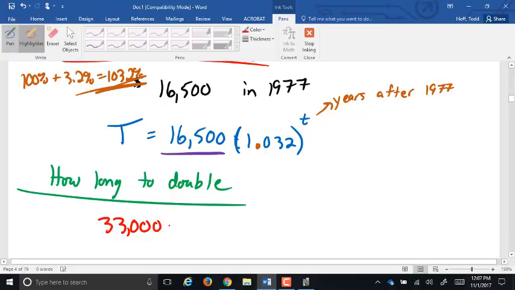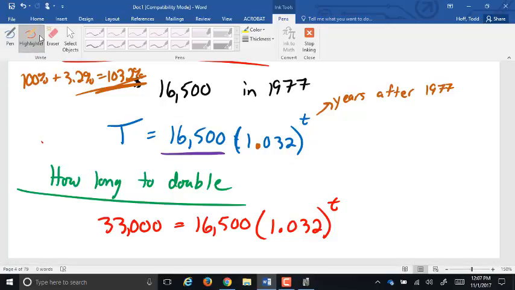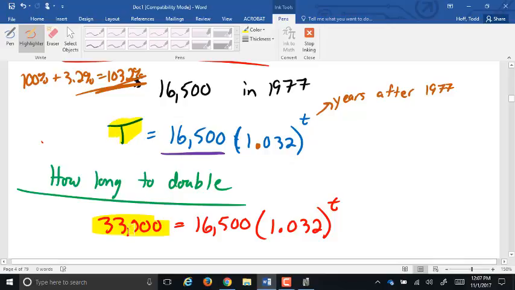There you go, 33,000. So we're solving for the time when the tuition is 33,000. So we're solving for little t when big T is 33,000.